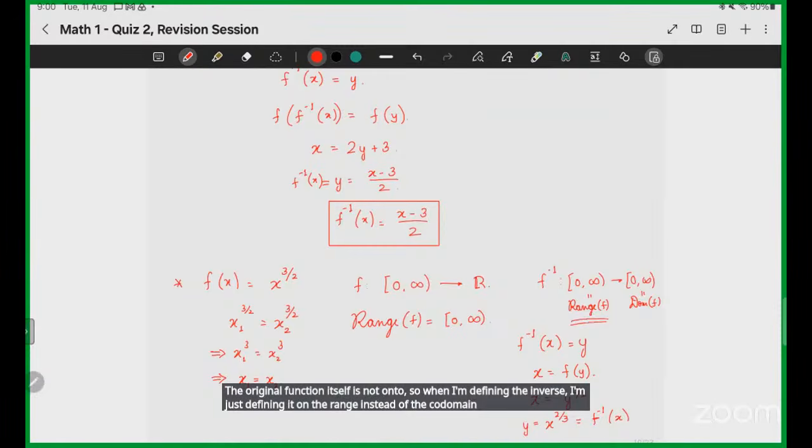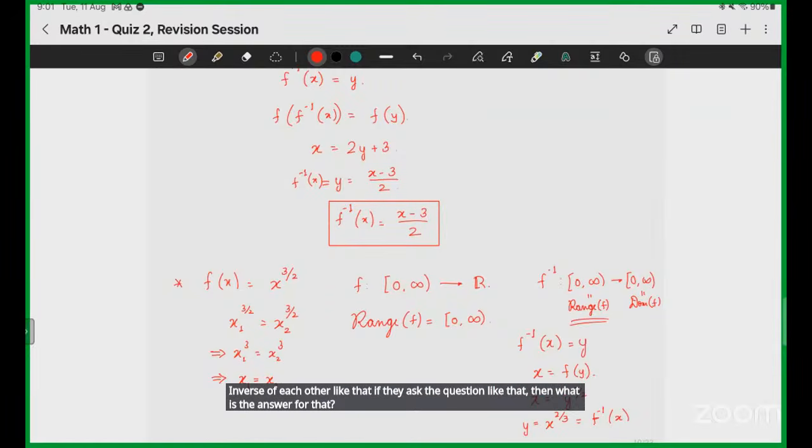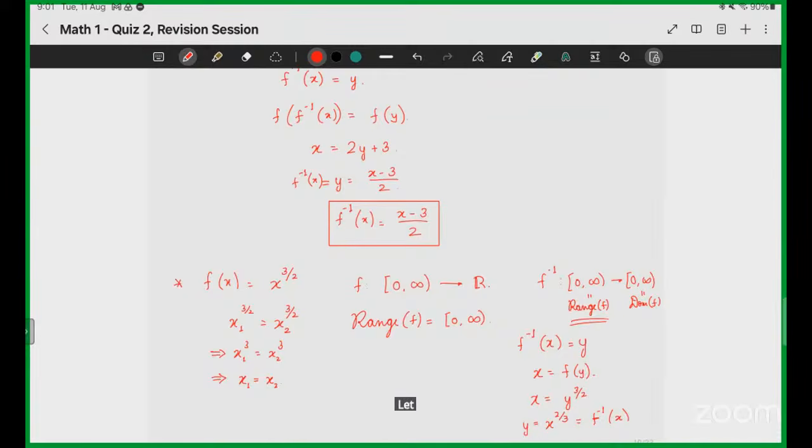But if it's asked as a question that for this interval, if both the functions are inverse of each other, like that, then what is the answer for that? Let me just quickly check what the convention used is.